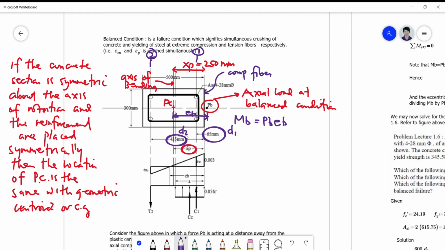Okay, so we have only a two layer of bar to consider. So later, if we do a multi-layer analysis, we can tag the layers from 1, 2, 3, 4, and so on. Okay, so this is a two-layer reinforcement.